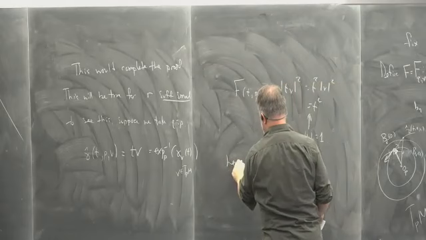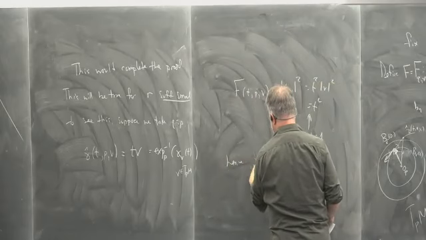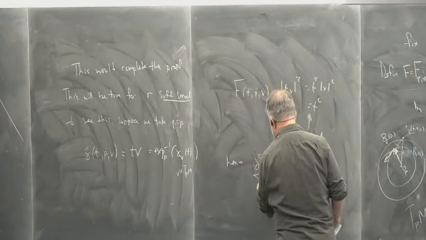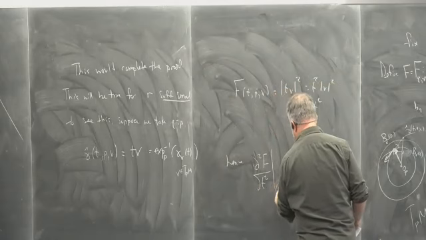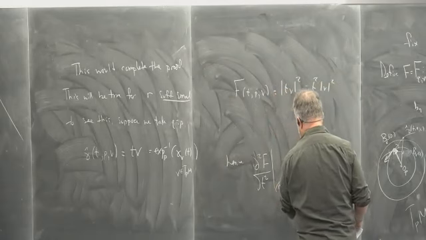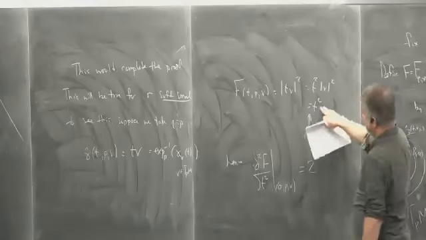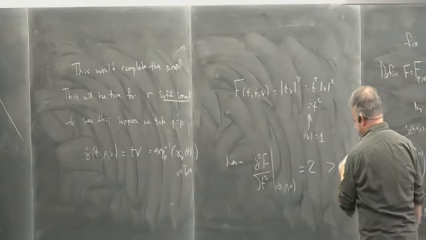So hence, d squared f/dt squared at (0, p, v) is 2, which is positive.